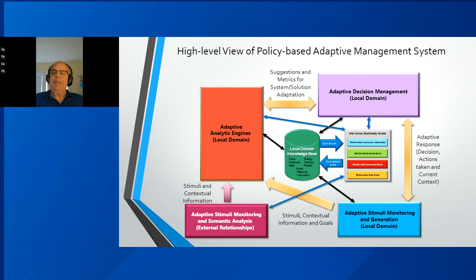Similarly, if you have an existing relationship with an external domain, and for some reason its vocabulary or its goals or governance rules or operations change and are no longer consistent with your local domain, you've got to either modify that relationship or, in the worst case, eliminate that relationship, so that you're not getting invalid or potentially bad requests occurring between the two domains.